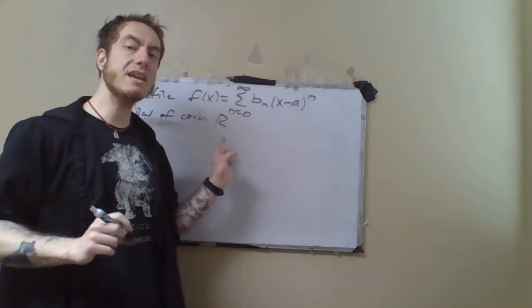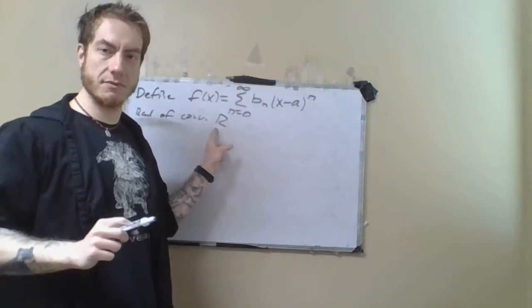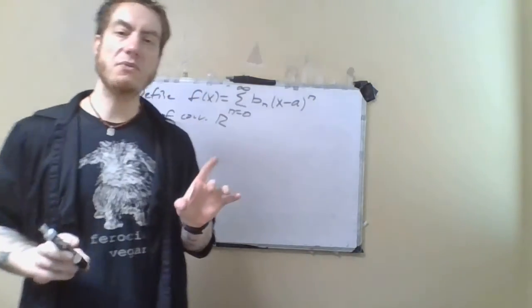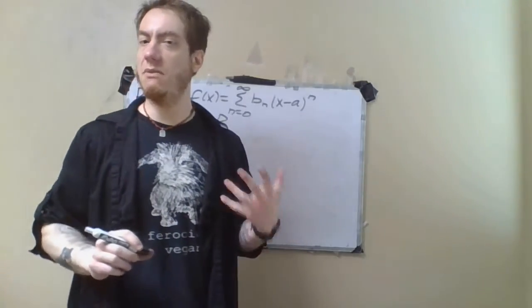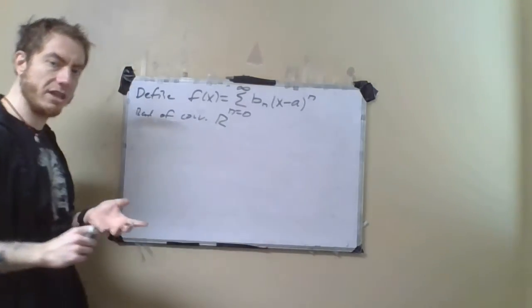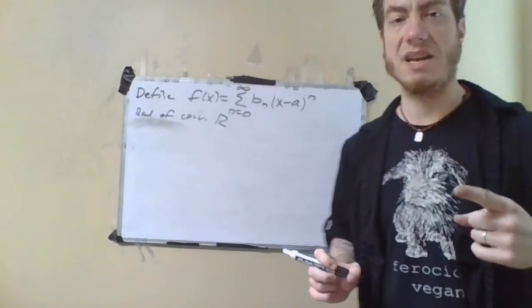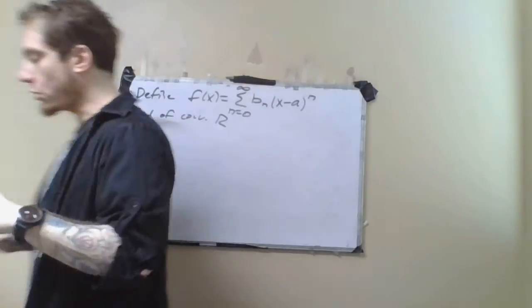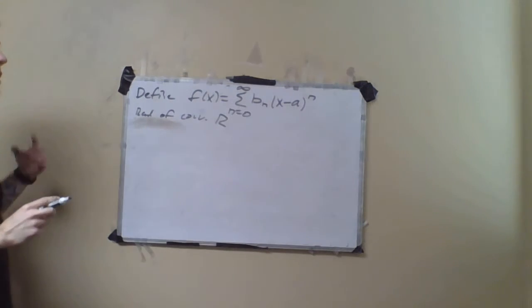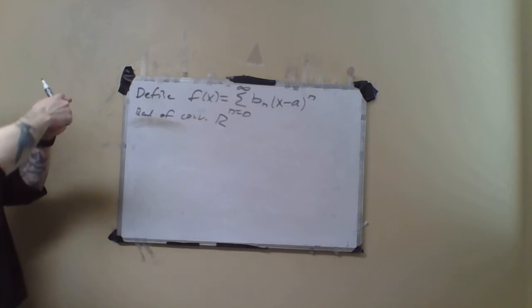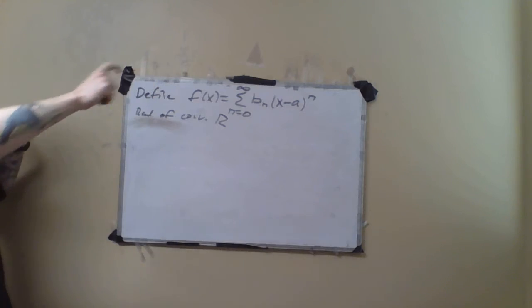And for the sake of talking about radius of convergence, by the way, we often say that r can be infinity. Infinity is not a real number. So normally we frown upon saying that some variable is equal to infinity. But in this case, it's sort of okay, because all we're saying with r equals infinity is just that it converges for all real numbers.